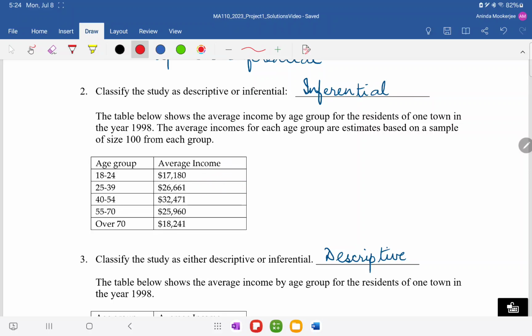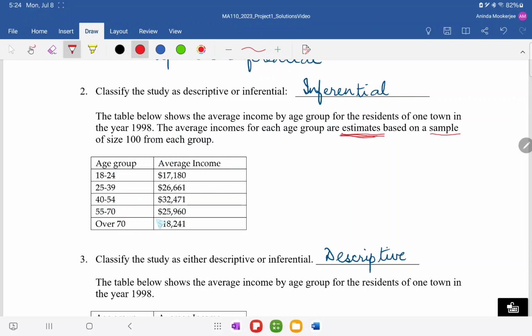Now, to help you make a decision, go back and read the question again. In the second sentence, it says the average incomes for each age group are estimates. That's a very crucial key word here, estimates, based on a sample. So whenever they talk about estimates based on a sample, that means they've done an inferential study and come up with this data.